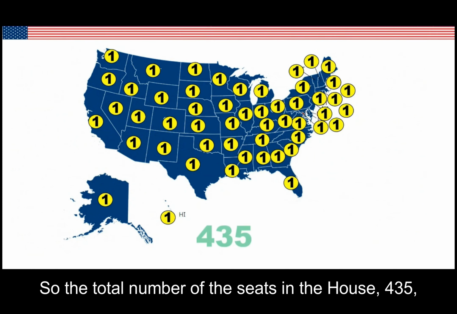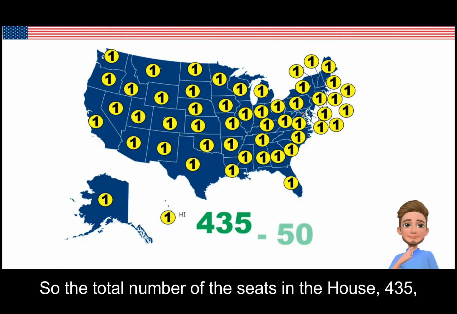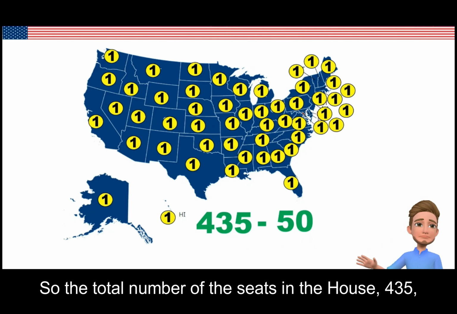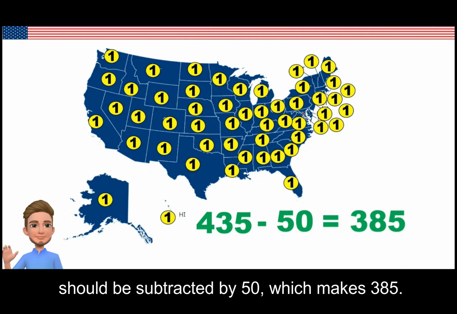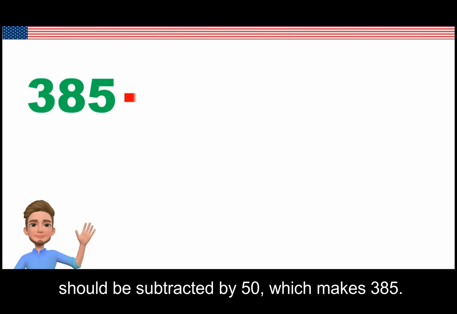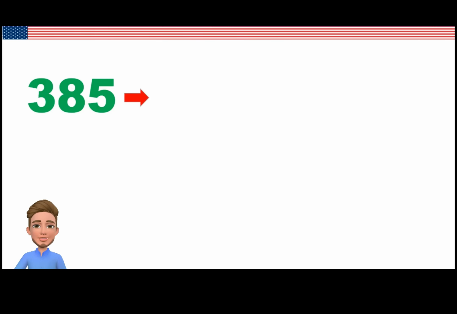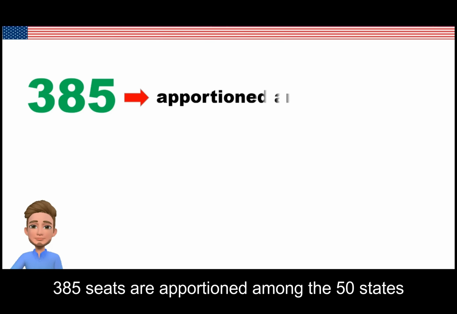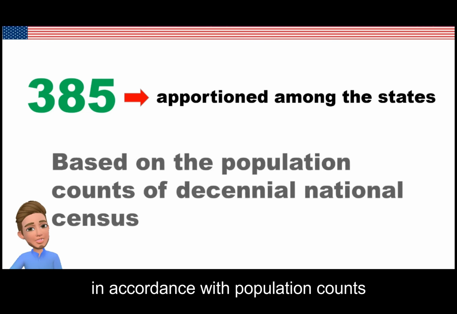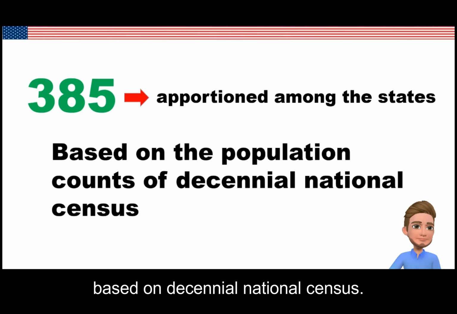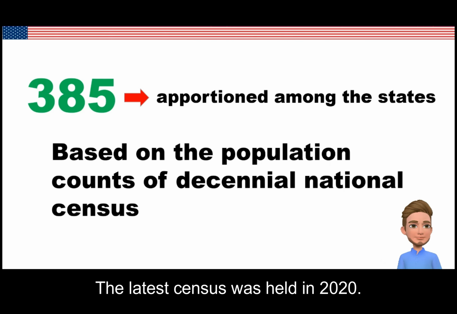So the total number of the seats in the House, 435, should be subtracted by 50, which makes 385. 385 seats are apportioned among the 50 states in accordance with population counts based on decennial national census. The latest census was held in 2020.